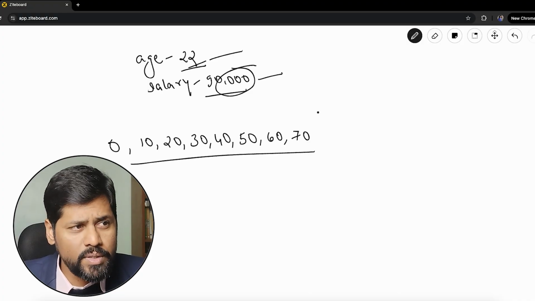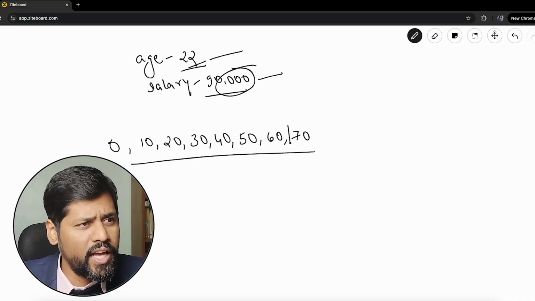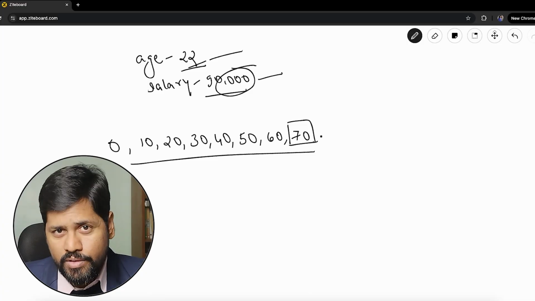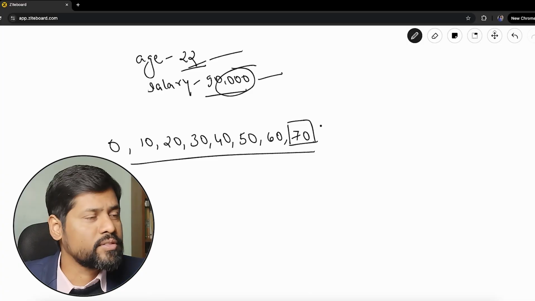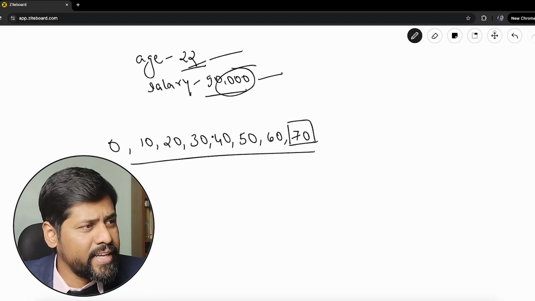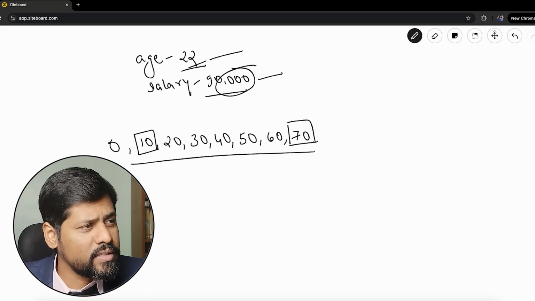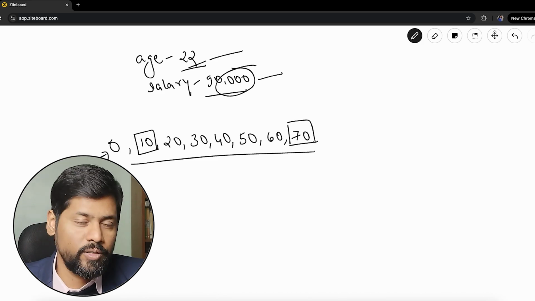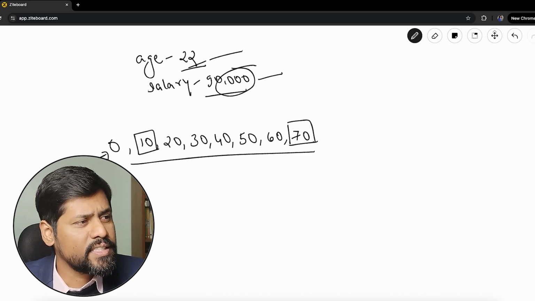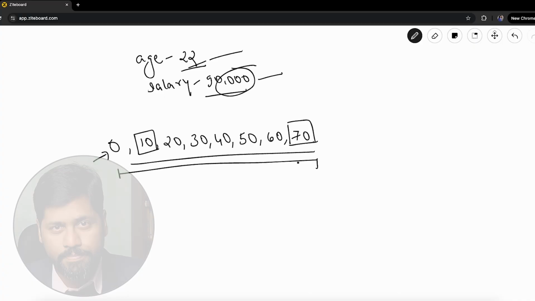Now out of these numbers, 70 will have the highest influence in the predictions made by the model. 10 will have the lowest influence. Okay, and 0 here will have absolutely no influence. And this collection of numbers is basically called the range of numbers.